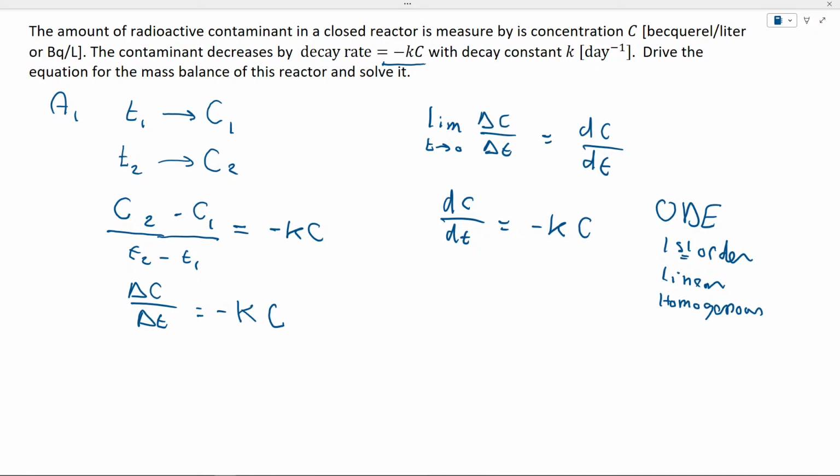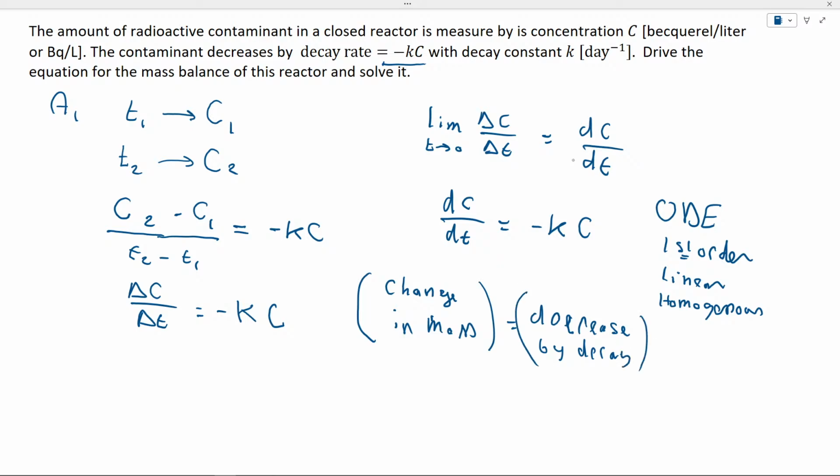And this is usually something that you can change. But here, this is the conservation of mass, because this is a change in mass. The change in mass is equal to the decrease by decay.